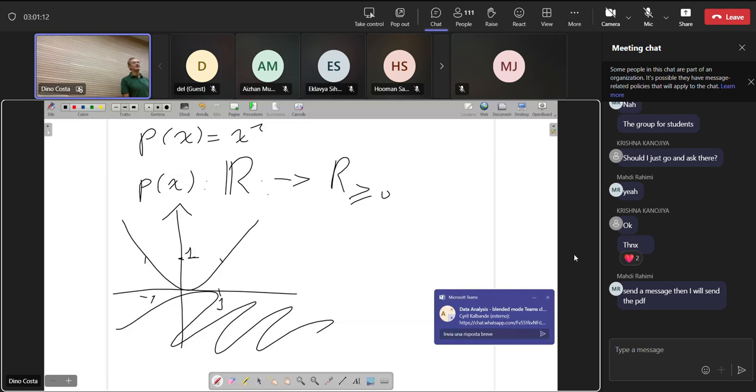No good. So to make a function bijective, that is injective and surjective, we need to do something. We can solve it this way. We remove also this. And so this branch of the parabola can be inverted.